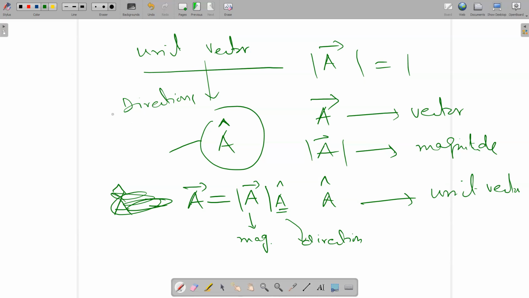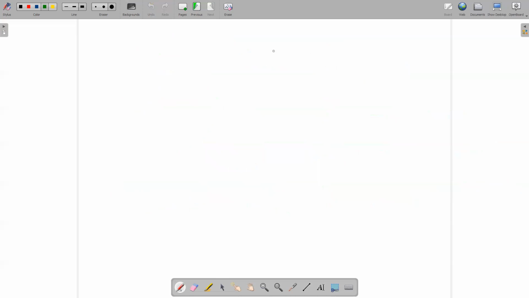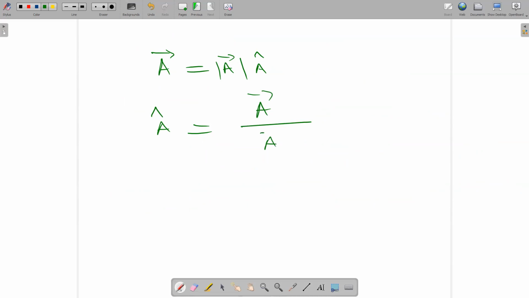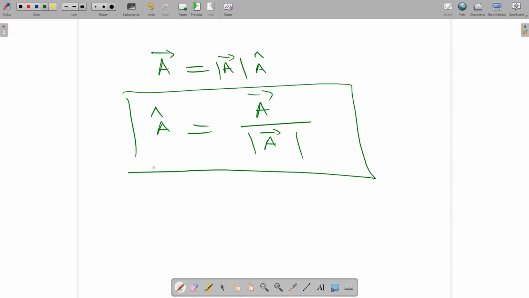So you can write a vector in this form: vector equals magnitude times direction. So what will be the unit vector? The unit vector will be the vector divided by the magnitude. This equation is very, very important for our problem solving.